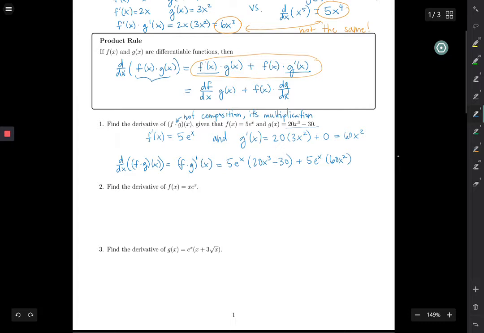Now number 2 is given in a little bit different of a form. We still need to use the product rule, but we're not told what the functions are that are being multiplied together. So we have to look at this function and realize that there's sort of two pieces going on.